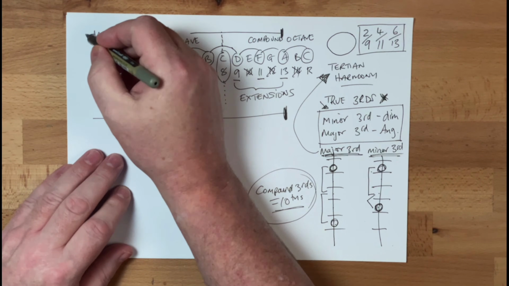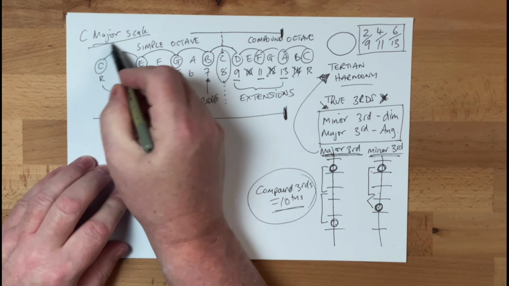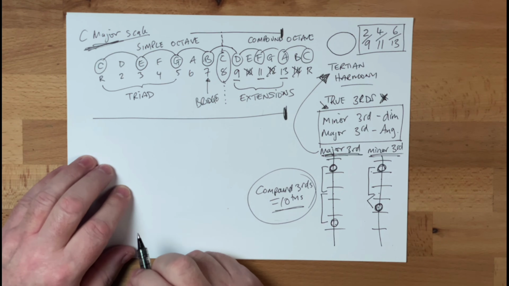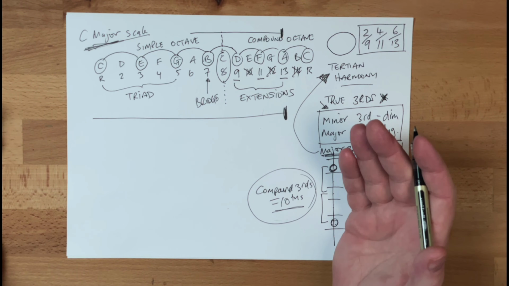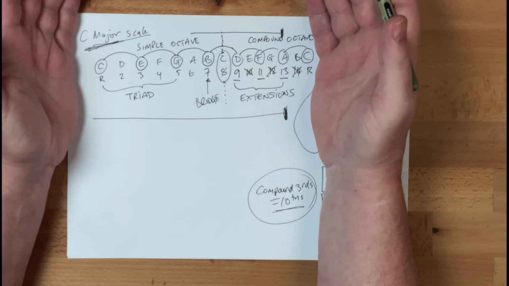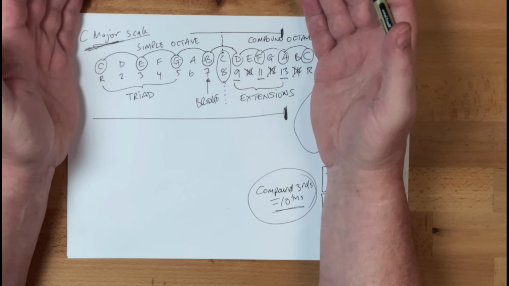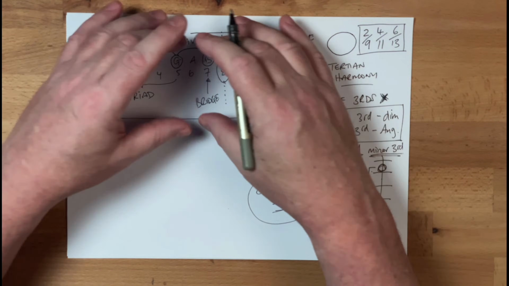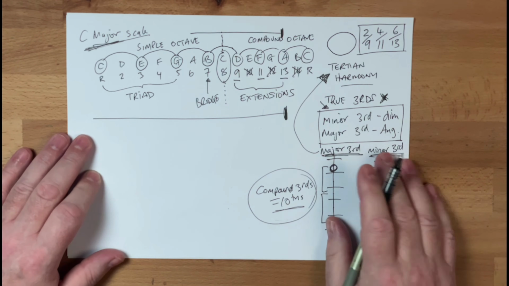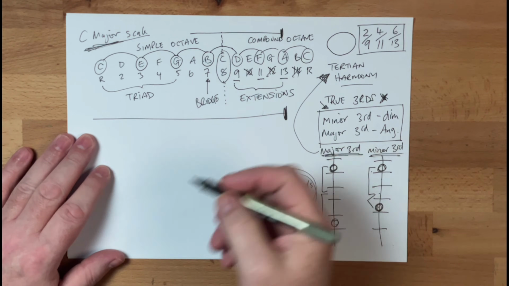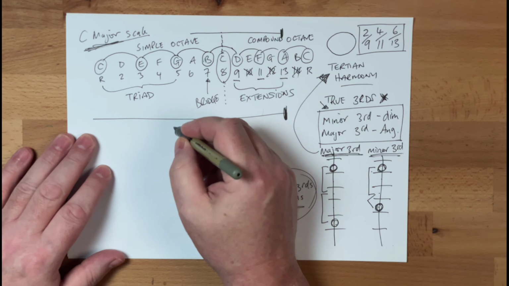Because remember, this is C major scale. That's the scale, but we're looking at the key as well. These are the ingredients we have for everything in the key of C major. We just have to turn it from a linear idea into a circular idea, and this is where the circle of thirds came from for me.